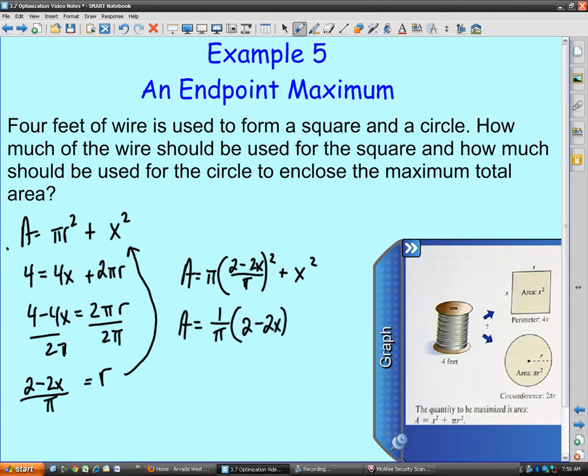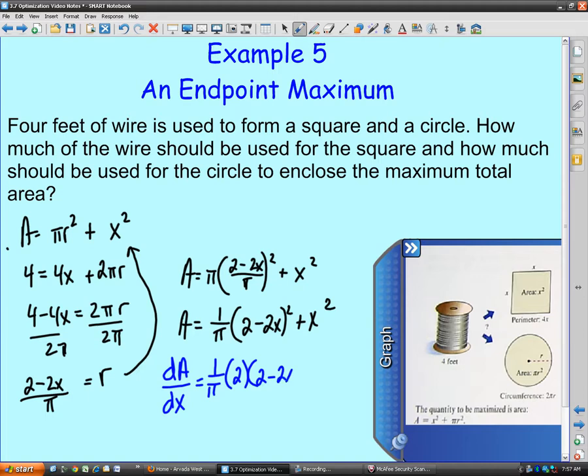And so basically we're going to go ahead and differentiate this. So if I differentiate this in terms of x, I'll leave my 1 over pi alone, and then follow my chain rule: 2 times this left alone to the first power. I was going to write a 1 there, and then this guy becomes negative 2, and then we're going to add on a 2x.